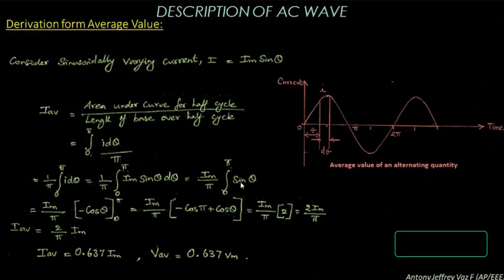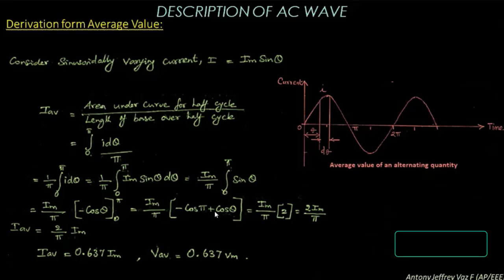Integrating sin theta, you will get minus cos theta. So we have Im by pi times minus cos theta from 0 to pi. Now apply the limits 0 and pi: Im by pi times minus cos pi plus cos 0.